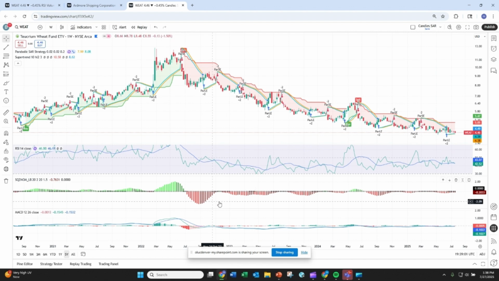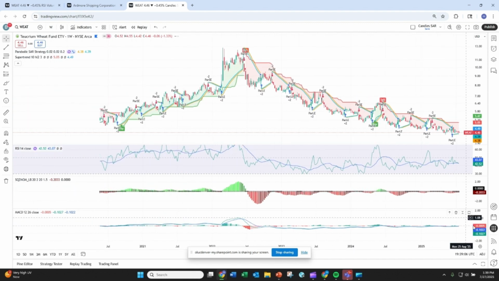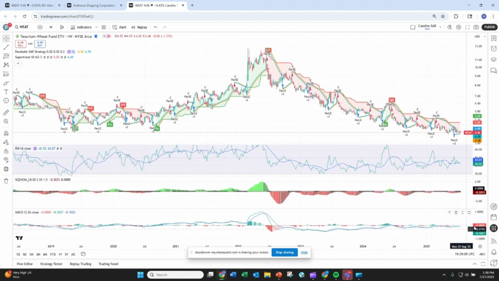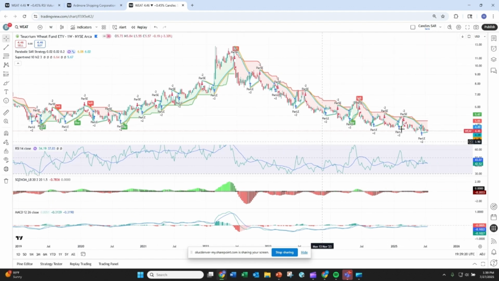I would say squeeze momentum is getting less crappy. And if we look at the MACD, it's a general upward trend. So it feels like we're in an accumulation phase right through here, and we're ready to make a turn.